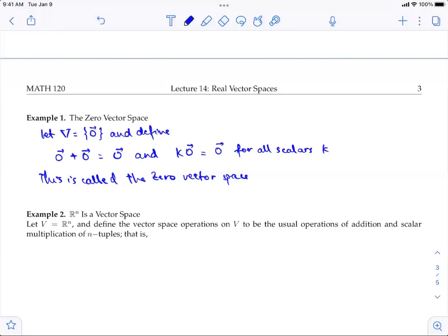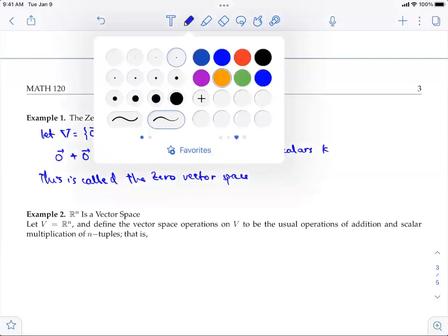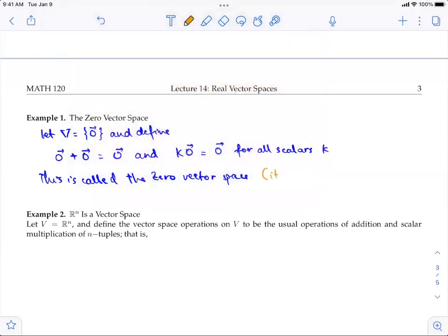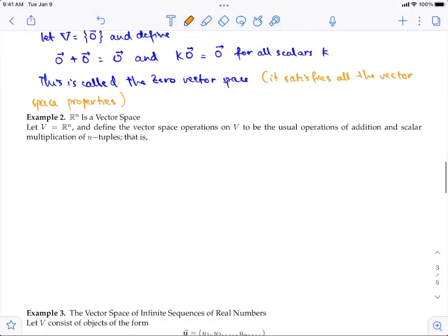If you want to ensure that the set given to you is a vector space, you need to double check that all the 10 properties are satisfied. I just want to give a quick note here that it satisfies all the vector space properties. We're not going to go one by one, it's very time consuming.